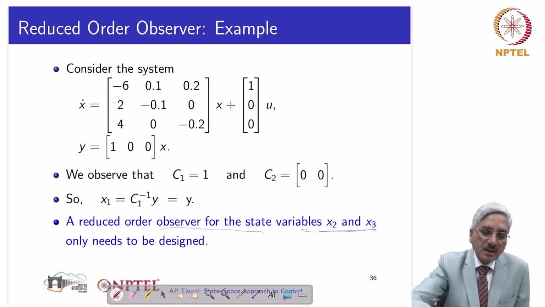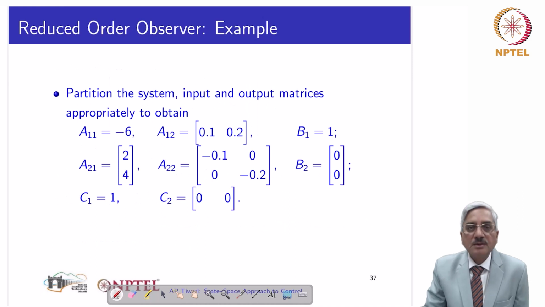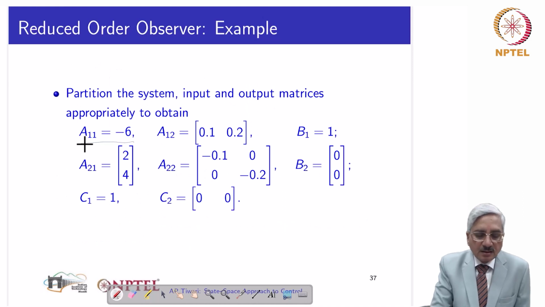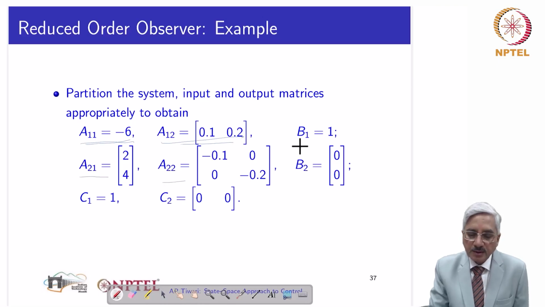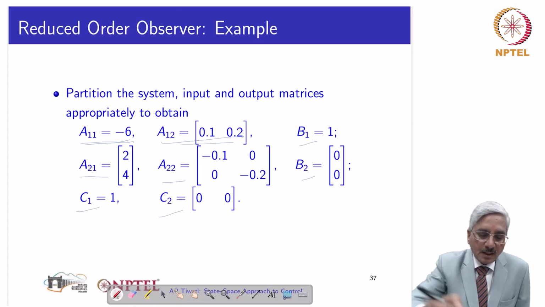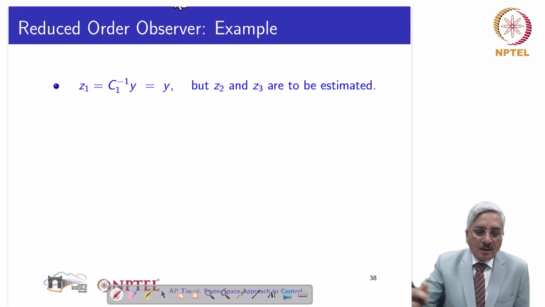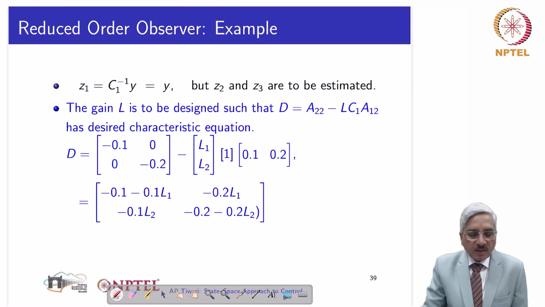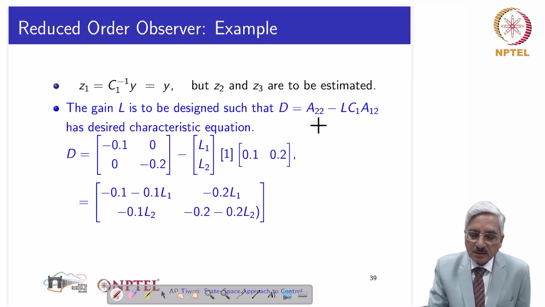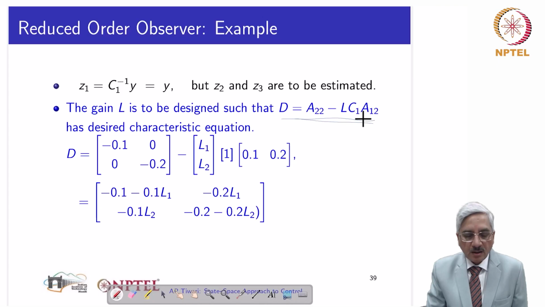So we consider the design of the reduced order observer for this. As I indicated, that A matrix is partitioned to obtain A11, A12, A21, A22, B1, B2, and C1, C2. It is done. Now at this point we could use any of the formulae, but let us directly try to compute L by setting up this equation.